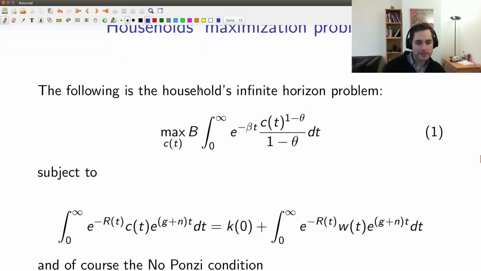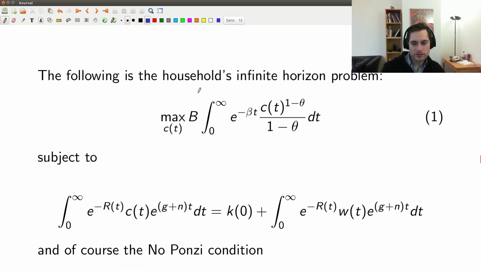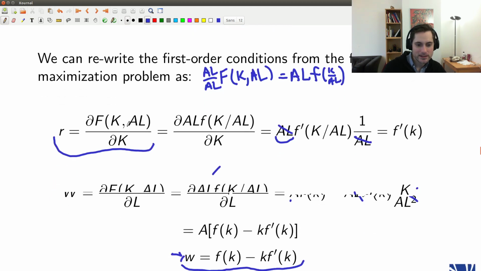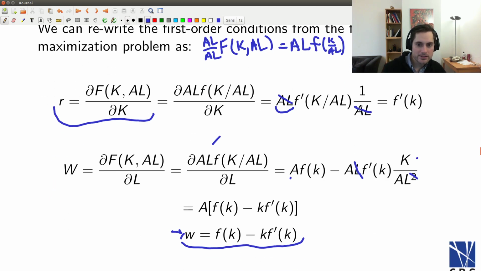All right, so that's all we need to solve the firm's problem. So we're done now with the firm's problem. Let me just flip back one slide here. So R is equal to f prime of little k, with this intensive form, and also the wages are equal to these things having to do with the production function.